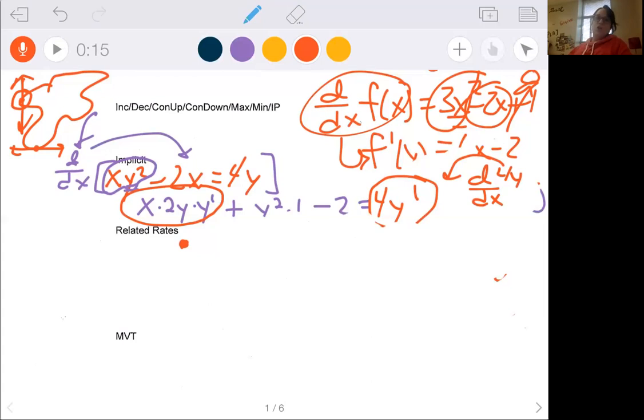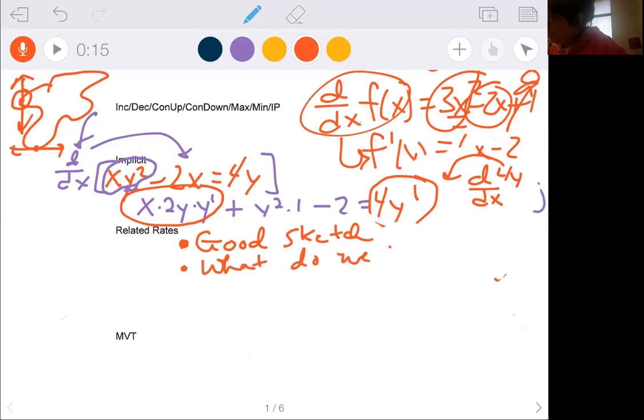But if it was a cone, as it fills with water, the volume of the water increases. The radius is also increasing, right? And the height is also increasing, and they're all related to each other. Remember our process, and we'll do an example or two of these in class. I just want to remember you need to have yourself a good picture when you start these. And then we always ask ourselves, well, what do we know?